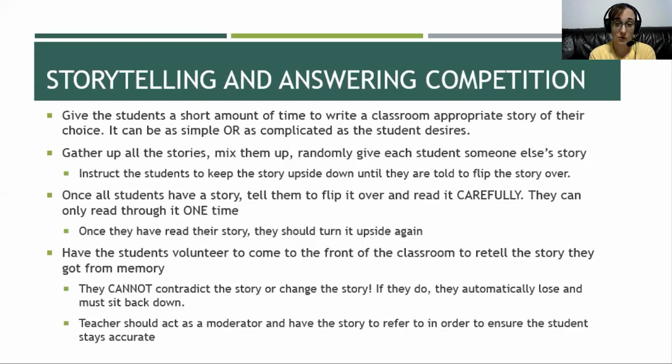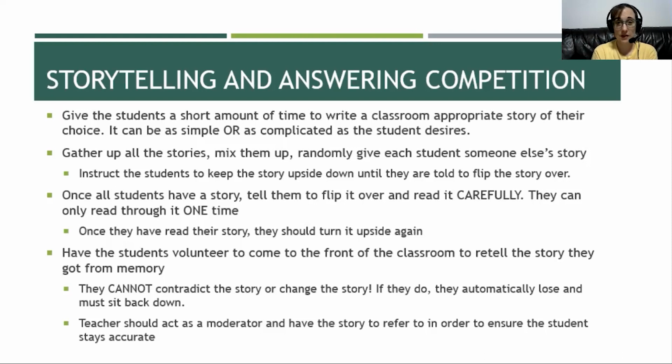When everyone's done writing, the teacher picks up all the stories, mixes them up, and hands them back out randomly. Then, at the same time, the students flip the paper over that they got. They can read through the story one time, then they have to flip it back over upside down, and they can't look at it ever again.